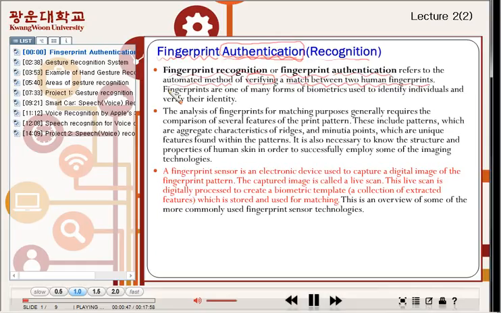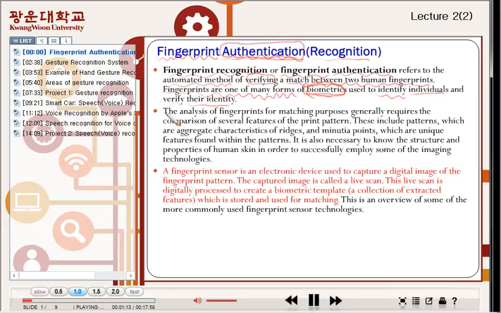Fingerprints are one of many forms of biometrics used to identify individuals and verify their identity. Biometrics is a bio test for measuring human properties.